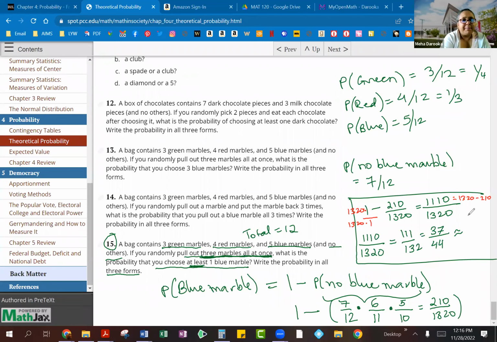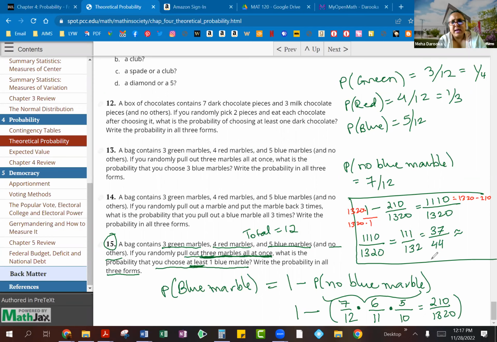Okay, Michael, if you're doing any one of these fractions, 1110 over 1320, or even 37 out of 44, that should not be your decimal answer.